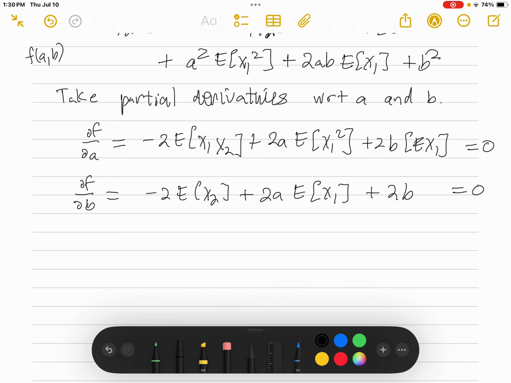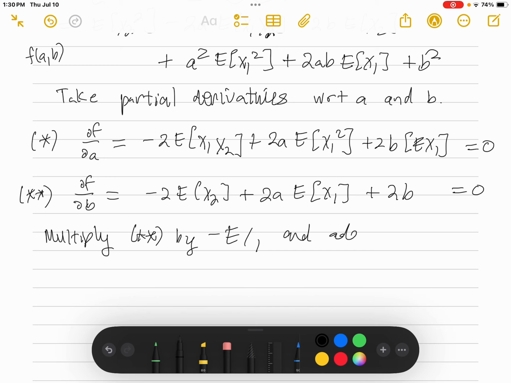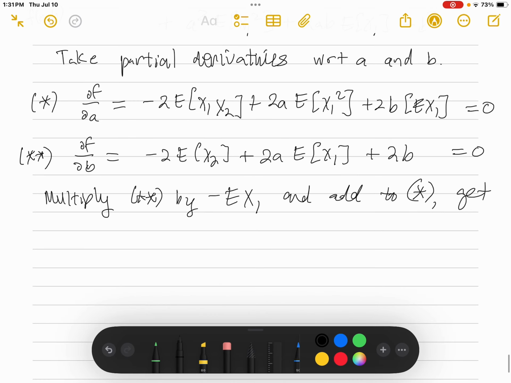Suppose we multiply the second equation, so let's call these star and double star, by negative expectation of x1 and add it to the first equation. What do we get?